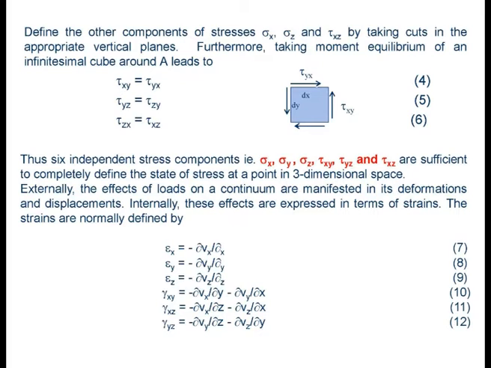These are the shear strain components. So 3 normal strains and 3 shear strains completely define the state of strain in three-dimensional space at any point. Now, just a little bit of detail on the strain. The normal strains are defined, of course, in terms of extension. You've got an element starting here.